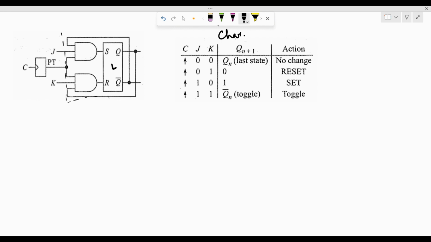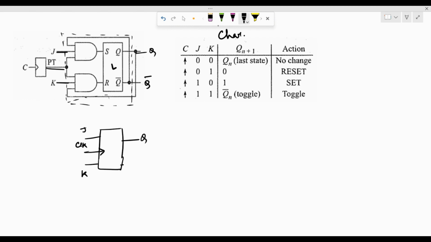So putting all of this together, here we have the JK flip-flop, where this is the J input, this is the K input, this is the clock input, and this is Q and Q bar. So we can represent it as a rectangle with clock, J and K input, Q and Q bar being the output.